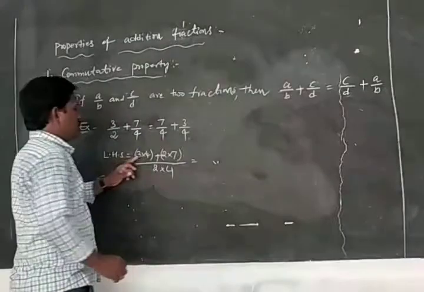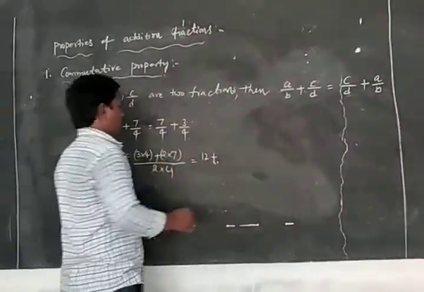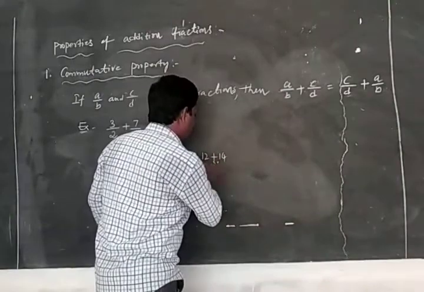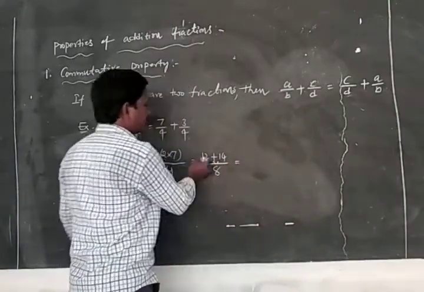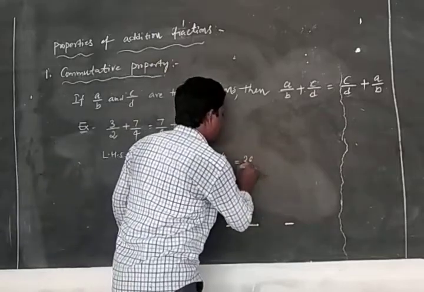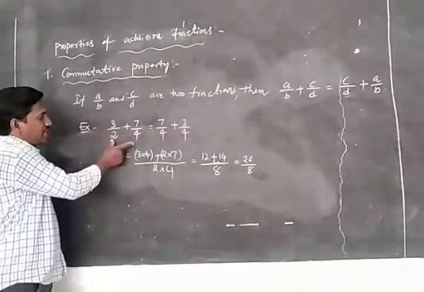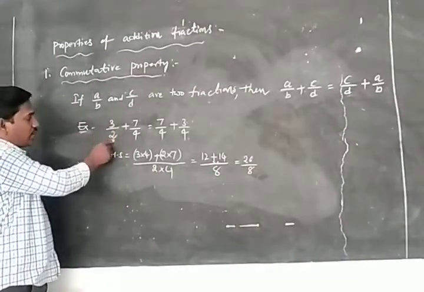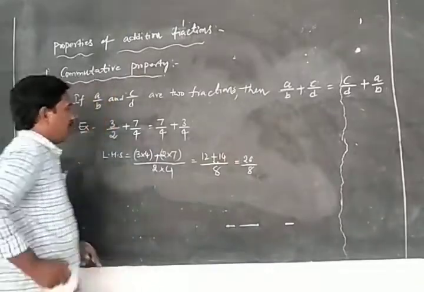What we get? 3 4s are 12 plus 2 7s are 14 by 2 4s are 8. That means 26 by 8. So the addition of the two fractions 3 by 2 plus 7 by 4 is 26 by 8.